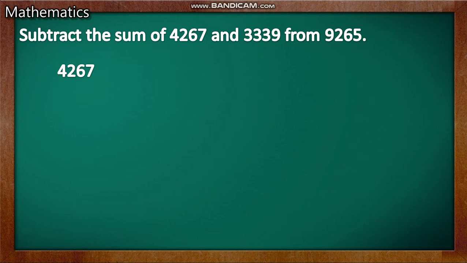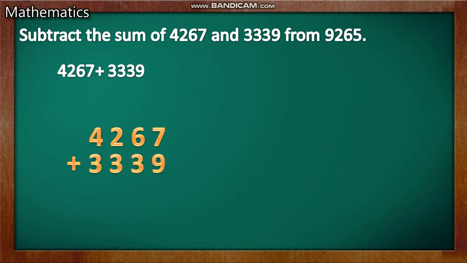That is 4,267 plus 3,339. I am adding. First step, draw a line. Then 7 plus 9. What is the answer? 16. You have to do it like that.